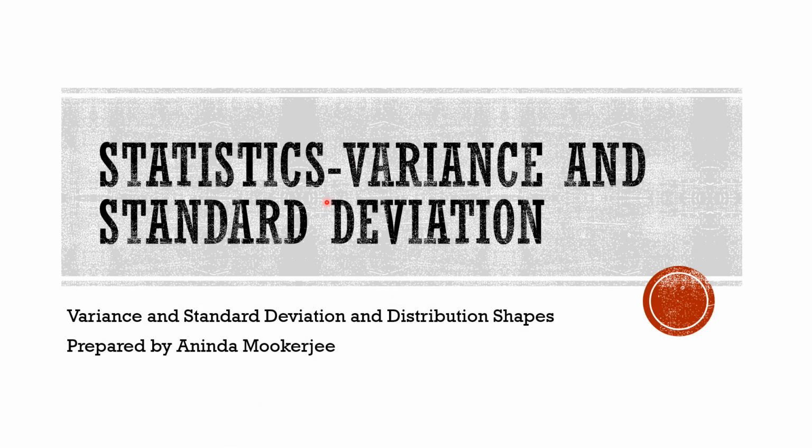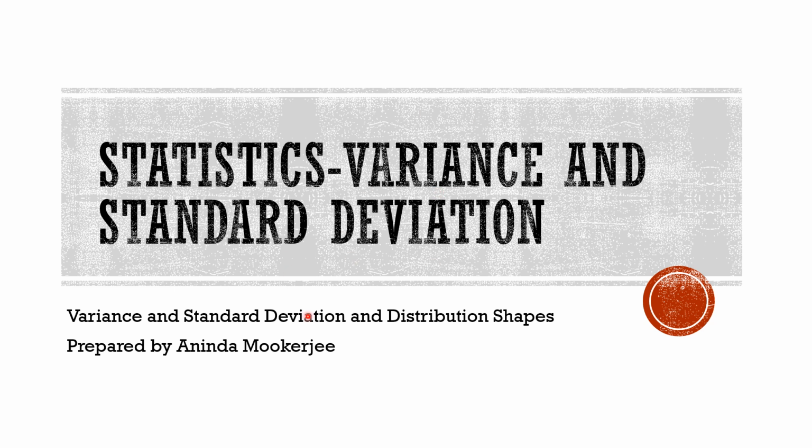Hello everyone. So far we studied the different measures of central tendency like the mean, the median and the mode. There's another measure which is very important in the study of statistics, called the variance, and related with it is the standard deviation.